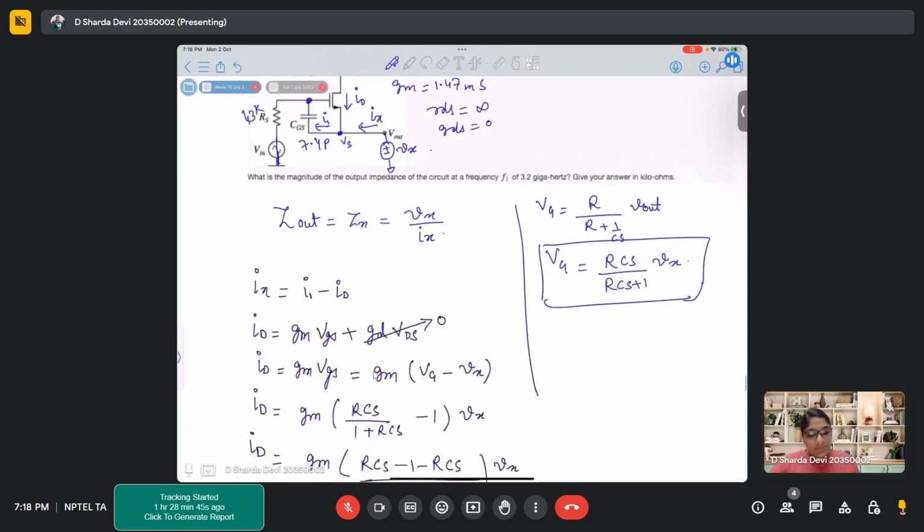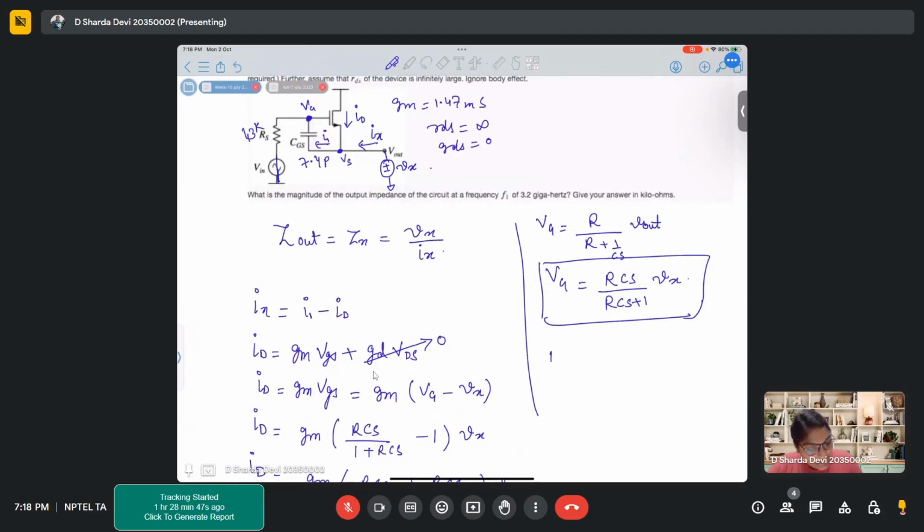Now if we observe, what is I1? I1 is the current that is flowing through your capacitor CGS and resistor RS with a potential of Vx to ground.